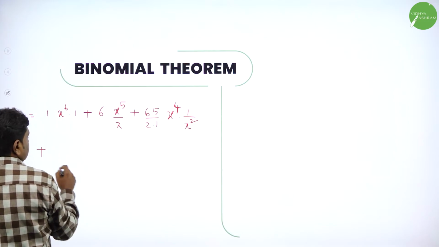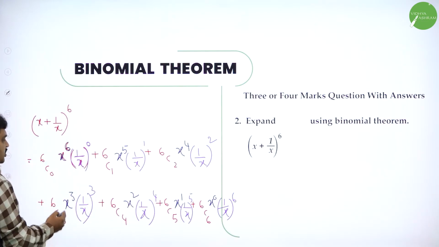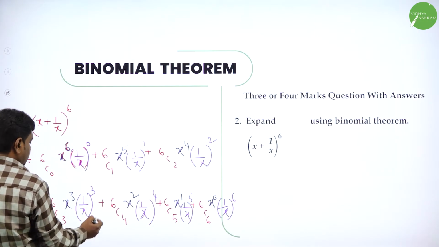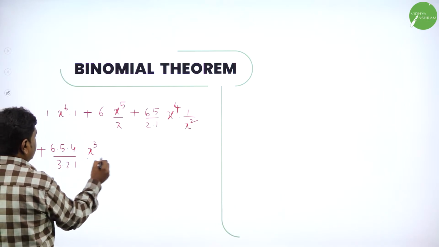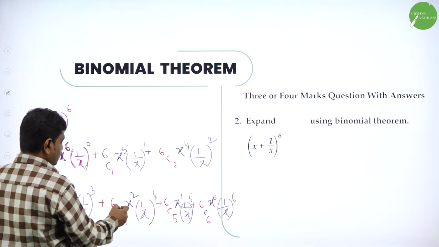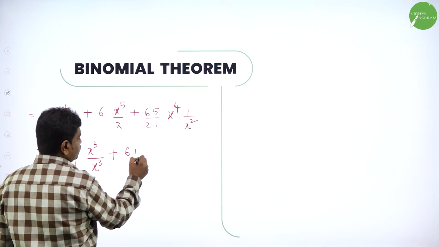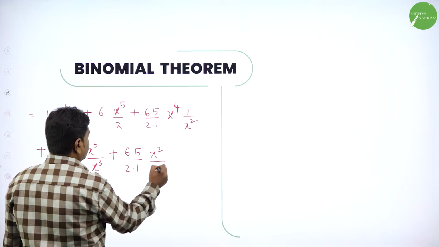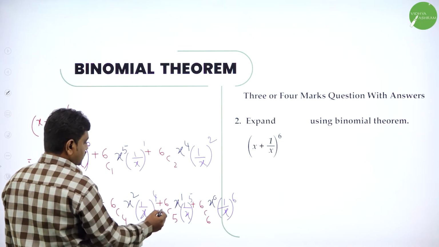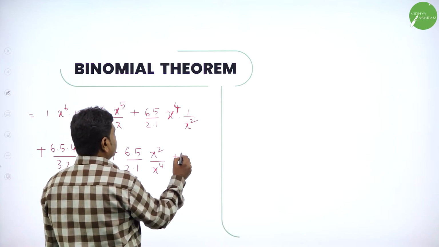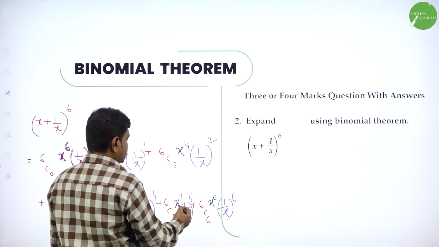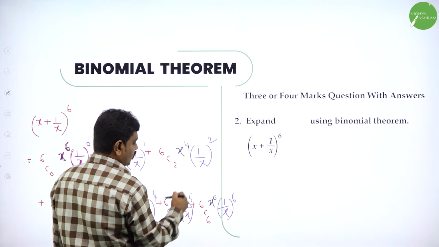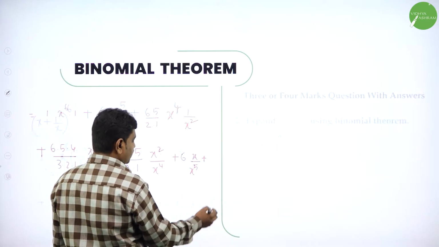Then 6c3 means from 6, 3 terms: 6 into 5 into 4 divided by 3 into 2 into 1, and x cube by x cube. Plus 6c4, which is same as 6c2, 6 into 5 divided by 2 into 1, and x square by x power 4, plus 6c5 is same as 6c1, so I will take 6, and x by x power 5. The last term 6c6 is 1, and anything power 0 is 1, by x power 6.